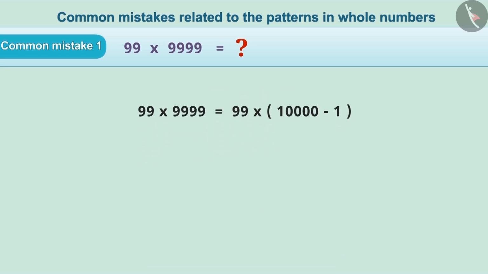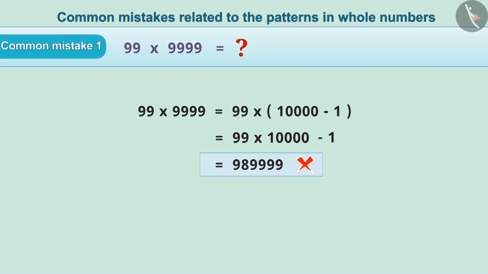Sometimes, with the help of patterns, we can represent it as 99 multiplied by 10,000 minus 1. But while solving it, 99 is multiplied by 10,000 and 1 is subtracted from the product. As a result of this mistake, we get 9,89,999, which is an incorrect answer.